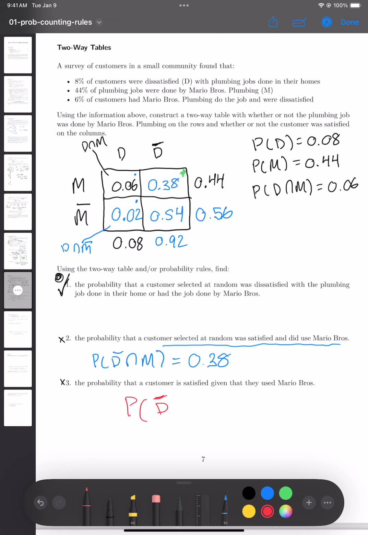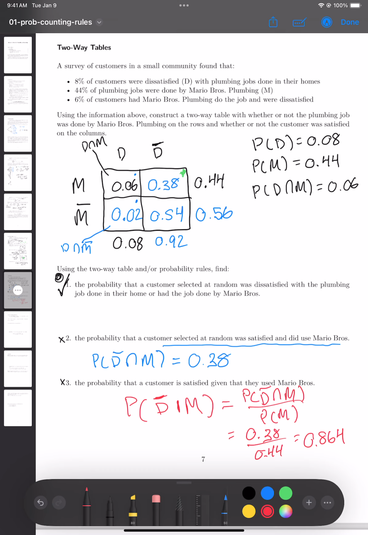So that is the probability of D bar, the complement of being dissatisfied, given M. By our definition of conditional probability, we know that that is the intersection divided by the probability of M. And once we have the table, we're just grabbing the 0.38 that we just used, dividing by 0.44, which was given to us in the problem, and that turns out to be 0.864.